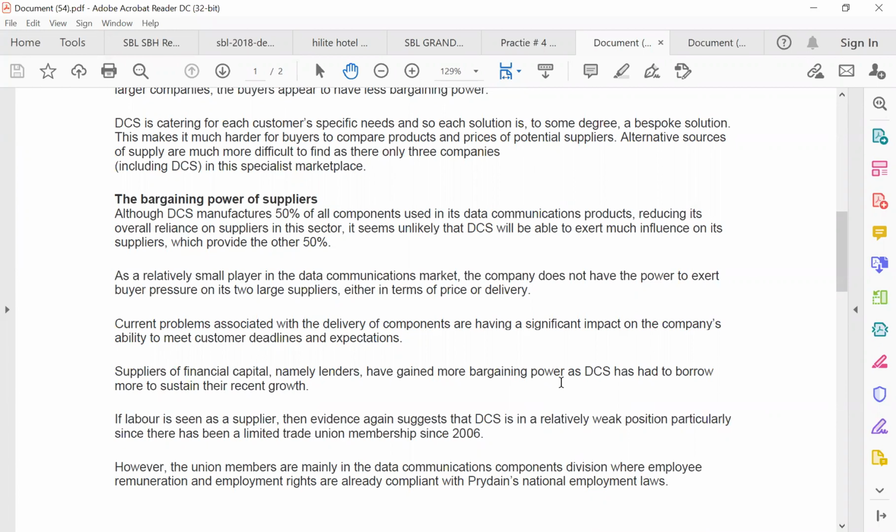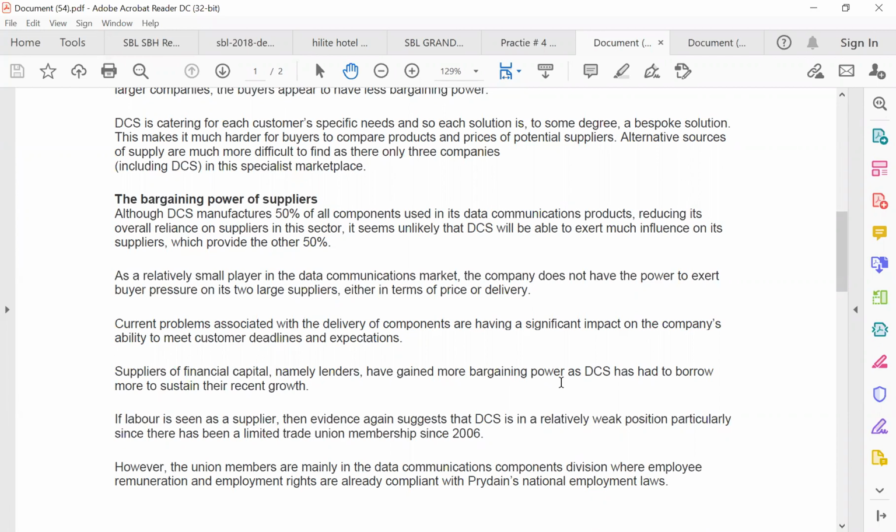customers' deadlines and expectations. Suppliers of financial capital, namely lenders, have gained more bargaining power as DCS has had to borrow more to sustain their recent growth.